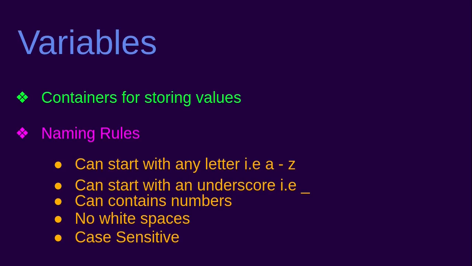It's an empty space. And then also bear in mind that variable names are case sensitive. So if you create a variable, say you just call it name, with all characters as small letters, and then you have another variable Name with a capital letter N, those two are not the same. Yes, they mean one and the same thing. It's a name, right? But they are not the same when it comes to Python.